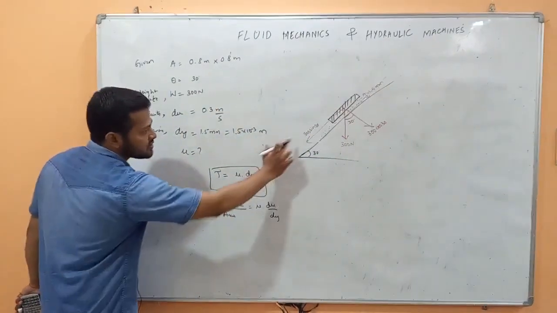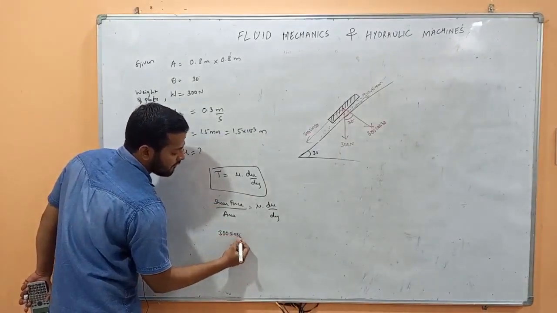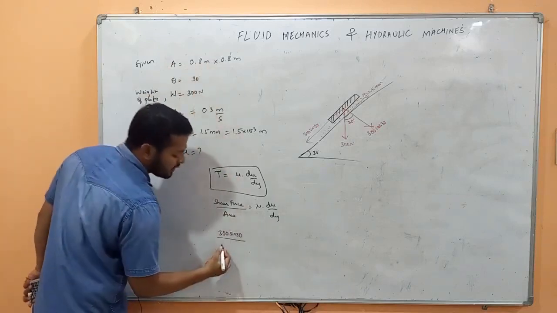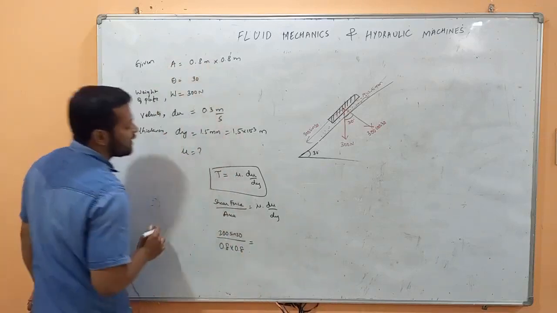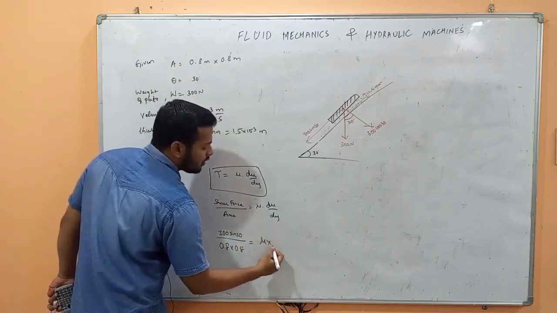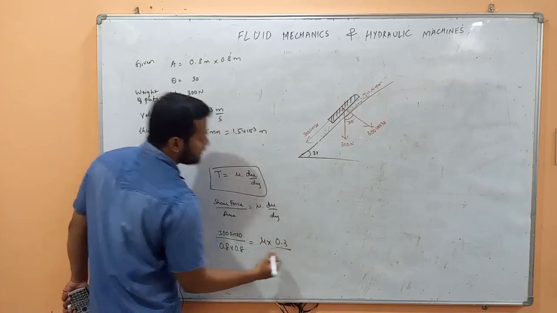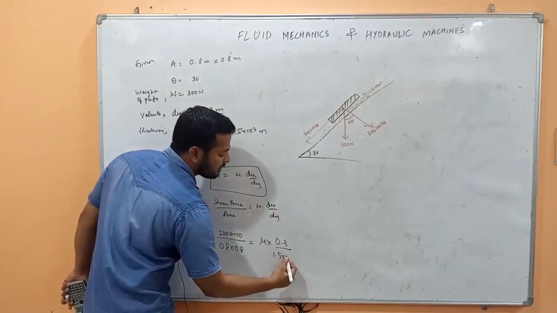So shear force is 300 sin 30 by area. Area is given in the question, 0.8 into 0.8, is equal to mu into du by dy. Du is 0.3, dy is 1.5 into 10 power minus 3.